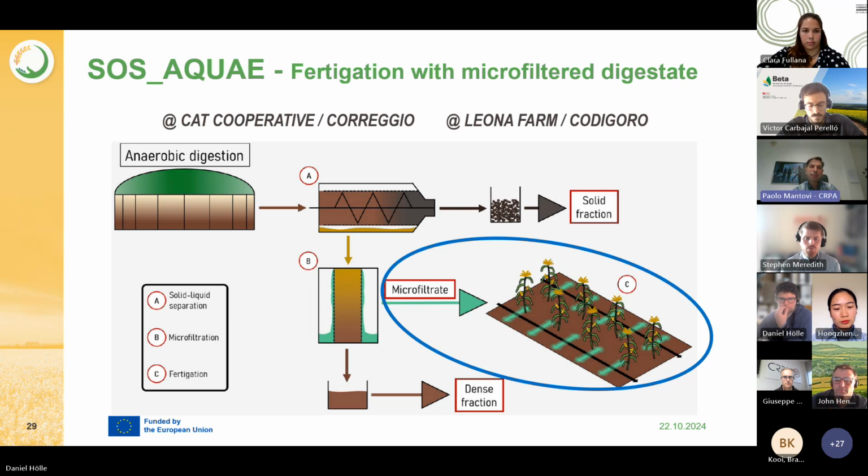The dense fraction can be stored and used as the raw digestate, normally before the plugging of soil incorporated in the soil, or the dense fraction can be retreated in the solid liquid separation and the microfiltration to increase as much as possible the quantity of microfiltered digestate we can obtain.